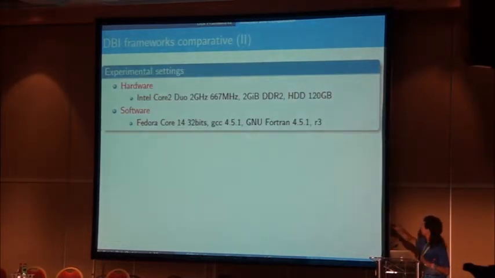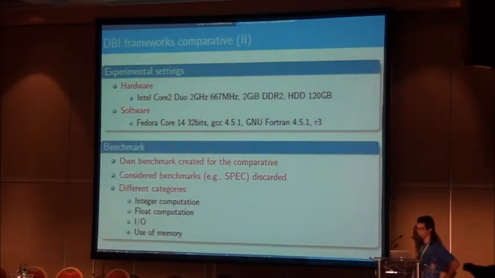As experimental settings, I'm not going to enter, but we have used these machines, with this configuration. As benchmark, we considered using some of the common benchmarks, for instance SPEC, but SPEC was discarded because you have to pay to use it. So we developed our own benchmark by taking some of the binaries that are used in the SPEC benchmark.